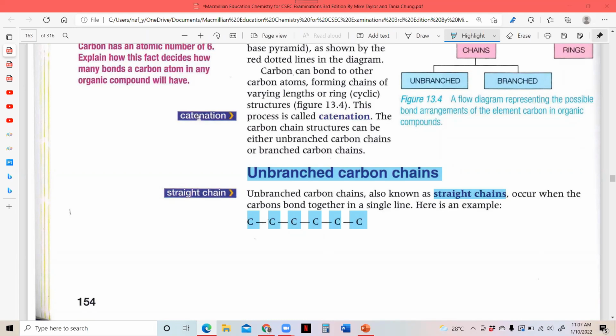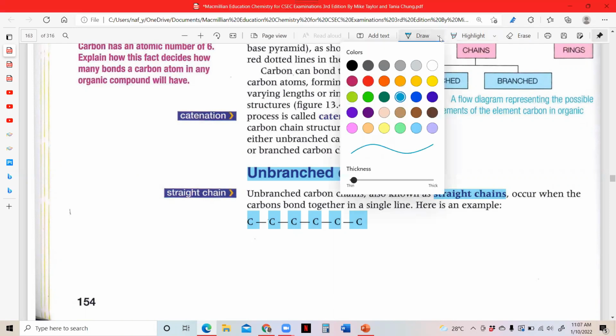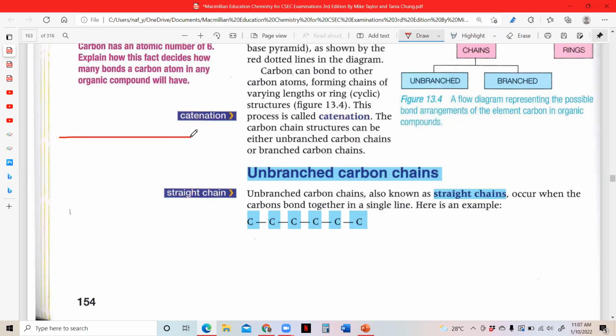Now, when we talk about straight, ladies, we're not getting too mathematical, right? We're not talking about a 180-degree line flat across. When we talk about straight in chemistry, we are talking about continuous. So I can actually have it looking like this, but notice that my motion, I did not stop.